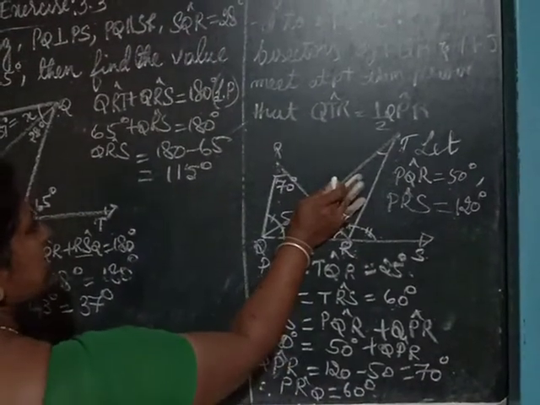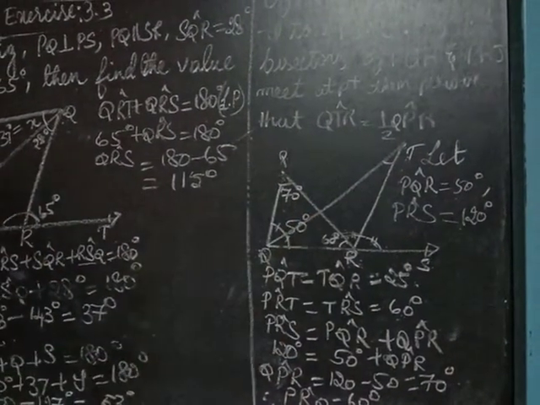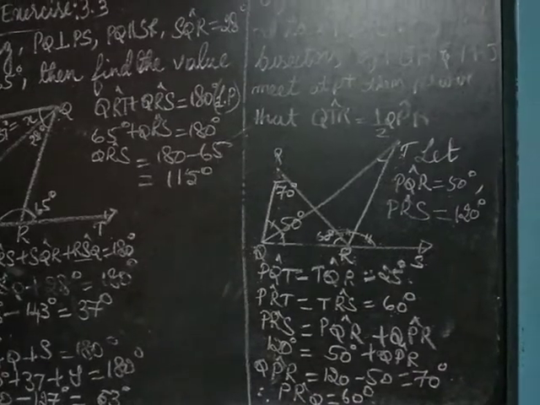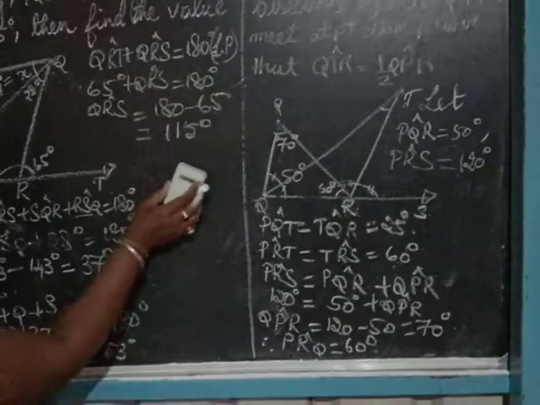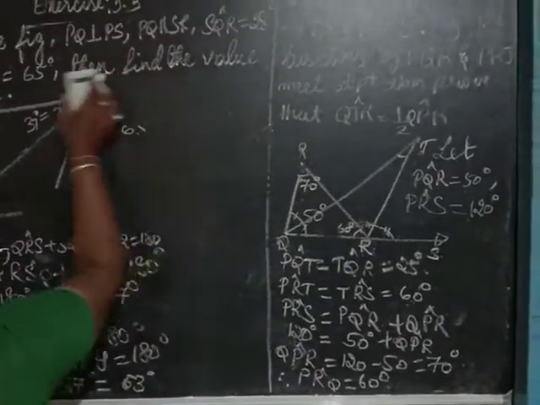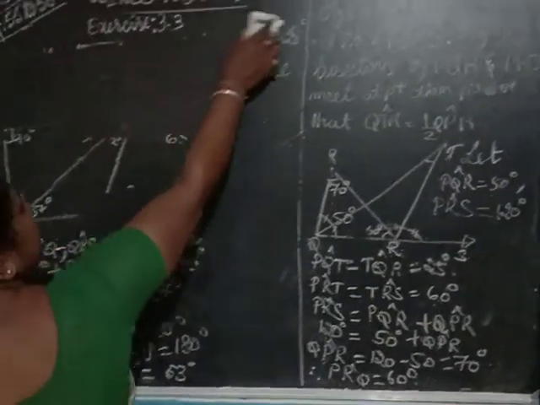Okay, in this triangle. Okay, how to find out? The sum of the angles is equal to how much? 180 degree. In that triangle, the sum of the angles is equal to 180 degree.